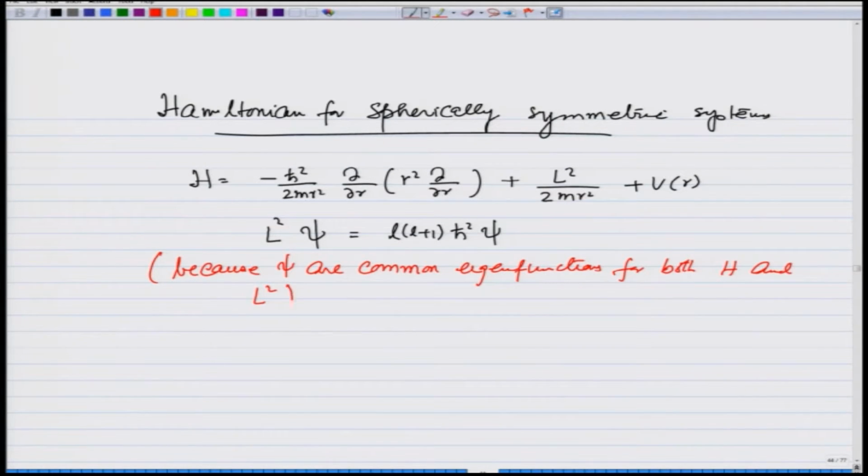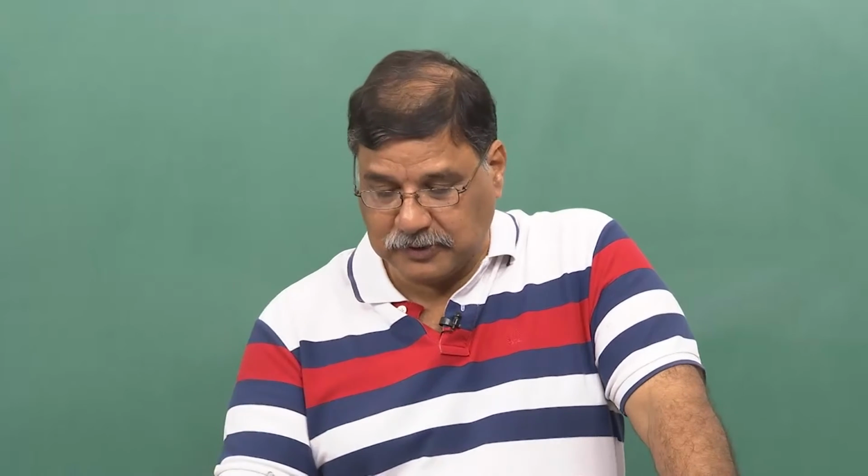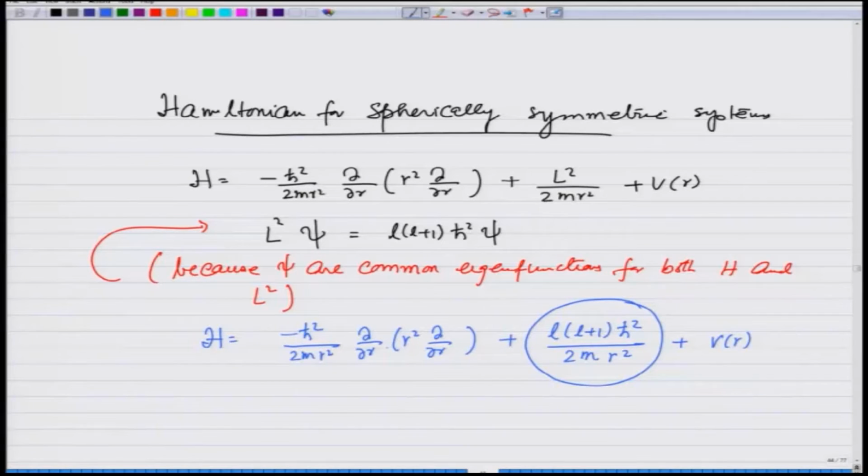So, that automatically implies this, and therefore, the Hamiltonian can be written as minus h cross square over 2 m r square, partial with respect to r, r square partial with respect to r, plus L plus 1 h cross square over 2 m r square, plus V r, for all eigenfunctions for spherically symmetric systems. So, this is common. V r could be anything, this term would be the same.